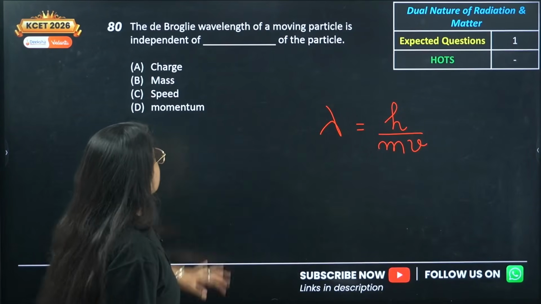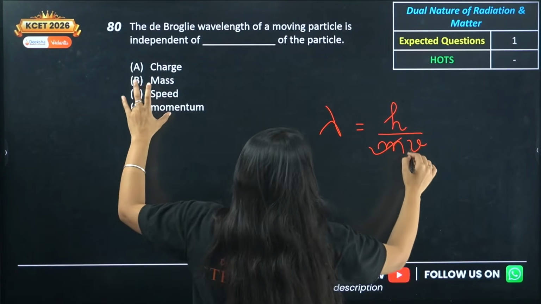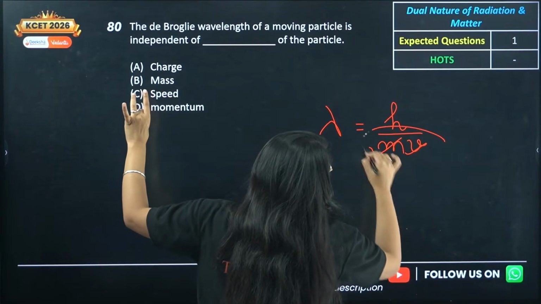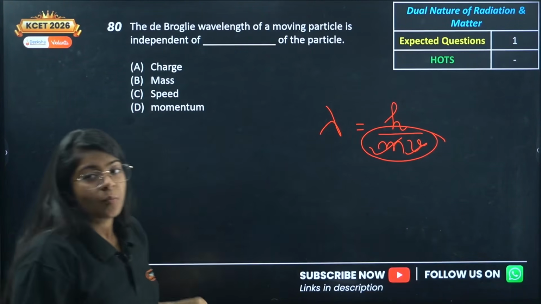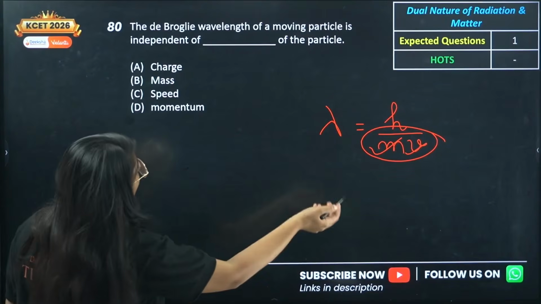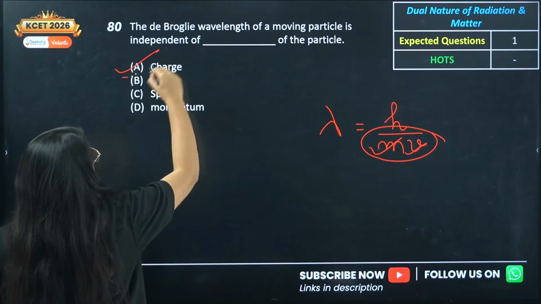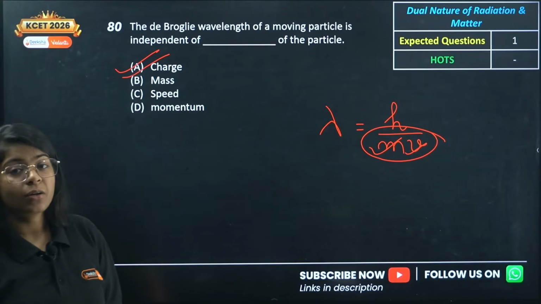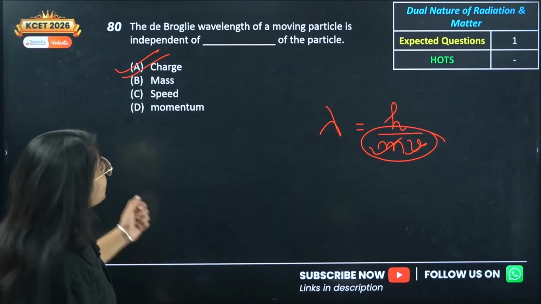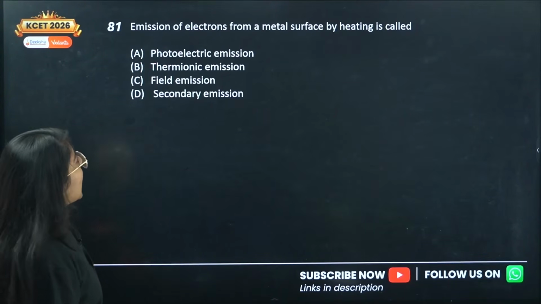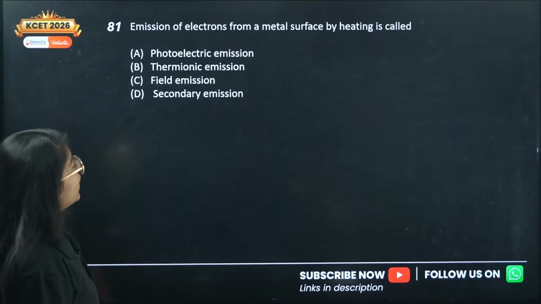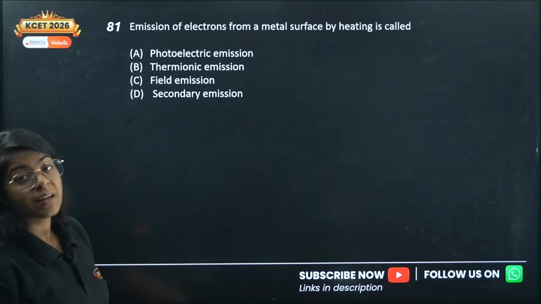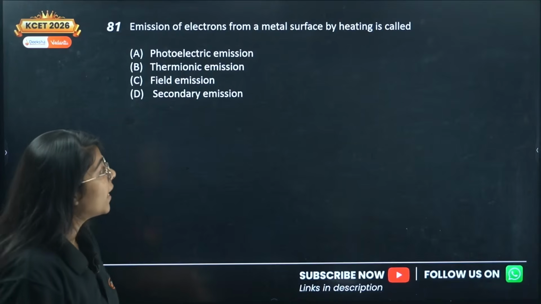Correct? So this definitely has mass, this definitely has speed, and the overall quantity is simply momentum. So lambda does not depend on charge, that is, it is independent of charge, and hence the correct option is A, charge.